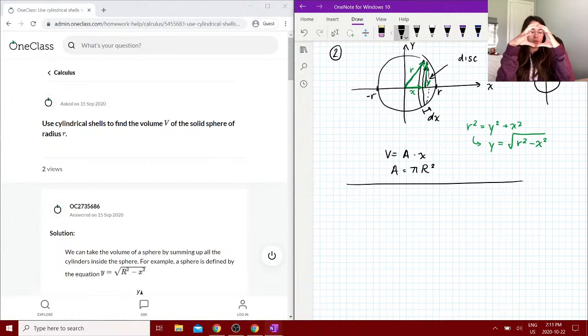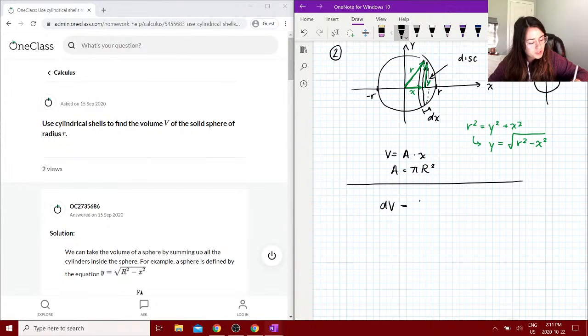So we're thinking of the orange with a bunch of different slices, and the slices are like mini discs, okay? When you add up the volume of each slice, you get the full volume of your orange or your sphere, right? So that's what we're going to do here. We're going to use the integral sort of like a summation of all the individual volumes of all the disks. So hopefully that makes sense.